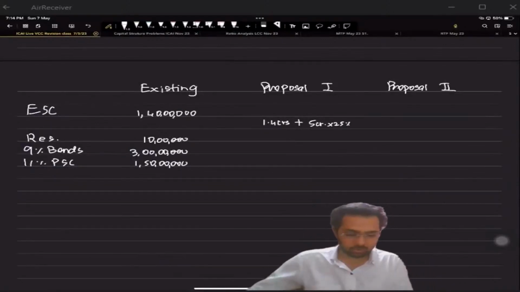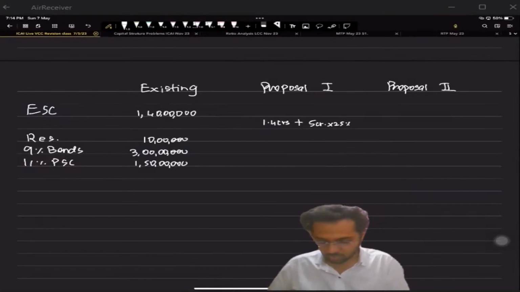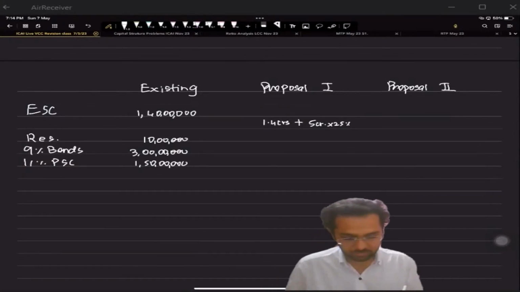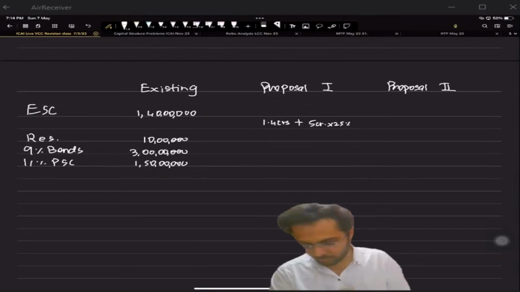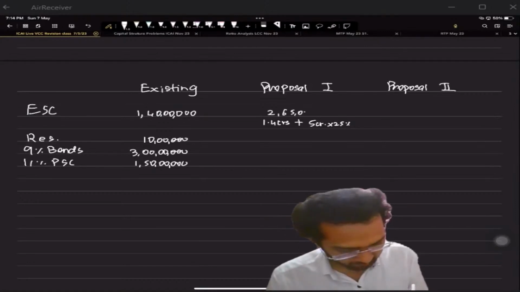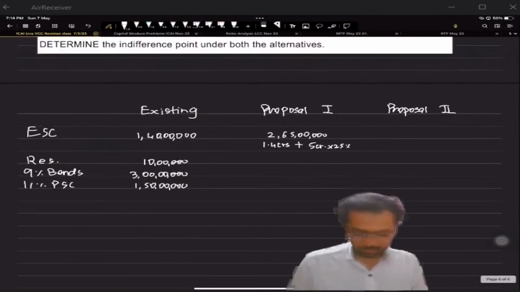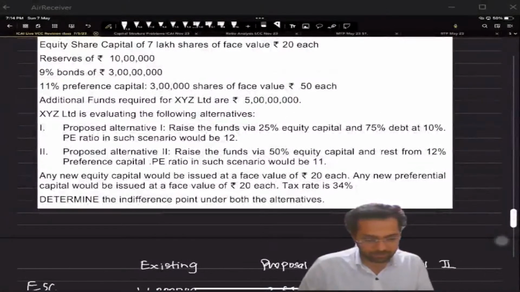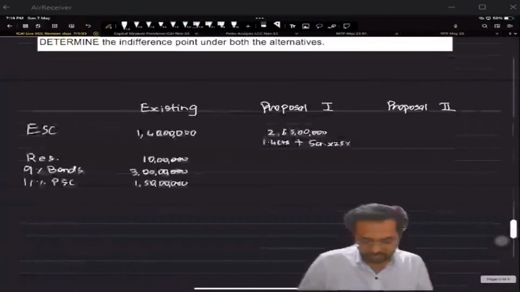So 1.4 crores plus 5 crores into 25%, basically 1.25 plus 1.4, which is 2 crores 65 lakh as equity share capital, and the balance 75% at 10% debt.